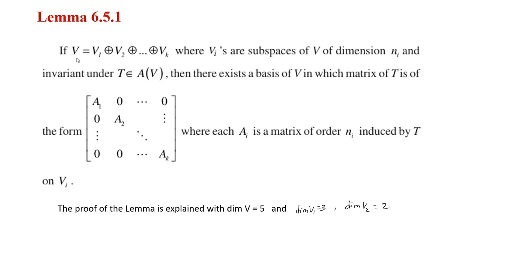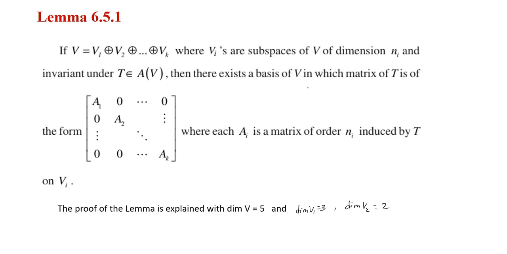Let me repeat the statement. V is the direct sum of V1, V2, up to Vk, and this must be given to you. You must know that. And what should be known about the Vi's? They must be subspaces, and dimension we'll take as Ni, and invariant subspaces, invariant direct sum.